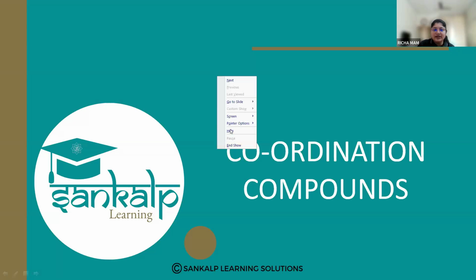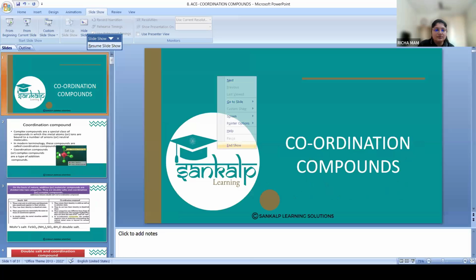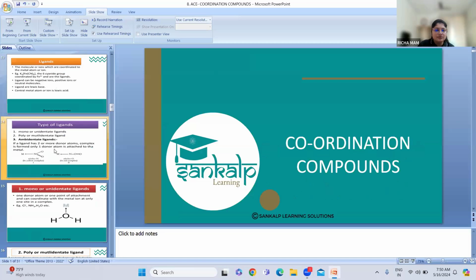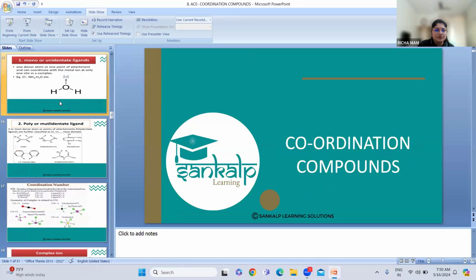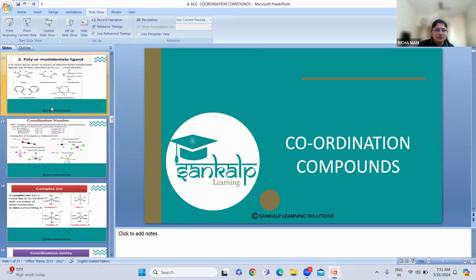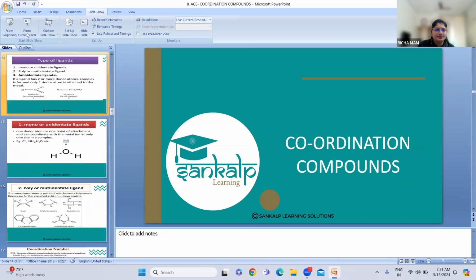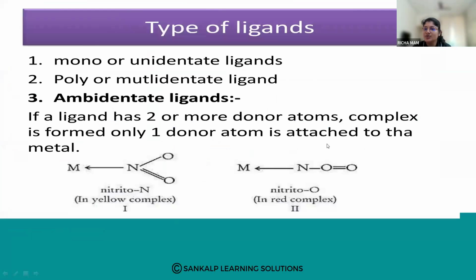What do you mean by amphidentate ligand? Amphidentate ligand means if a ligand has two or more donor atoms, then the complex is formed by only one. So out of those donor atoms, only one atom will be used in the attachment. Only one donor atom is attached to the central metal atom, so they are called amphidentate ligands.